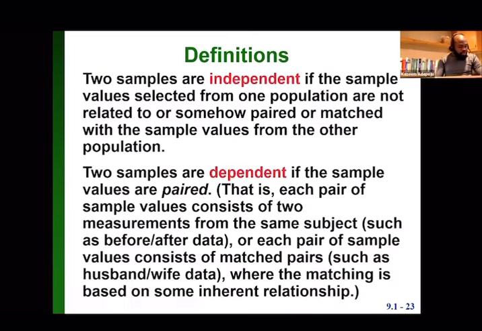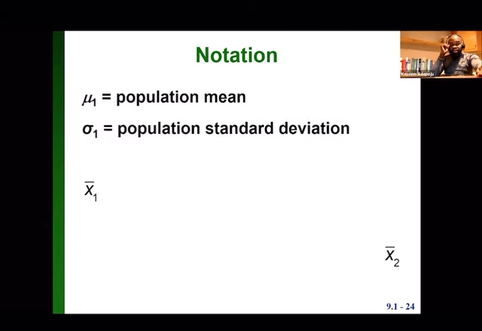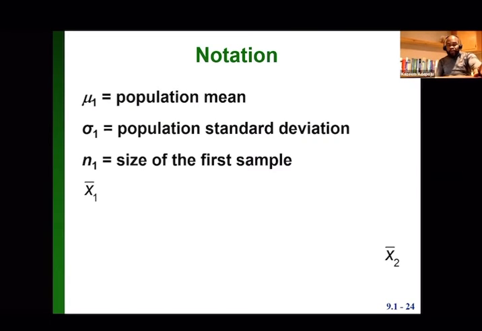Now if we want to do that, take a look at this. We want to have some notations right now. For the first population, we're looking for the population mean, but we can only get the population mean if we study everybody in the target population. There's no way we can do that because we don't study every item in the population.